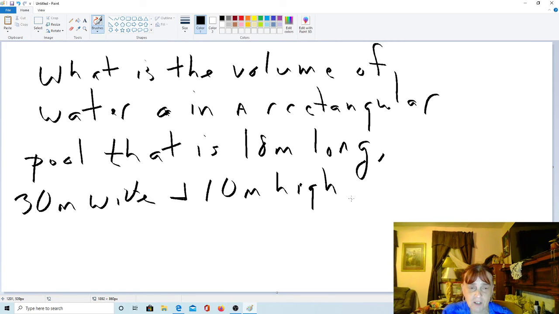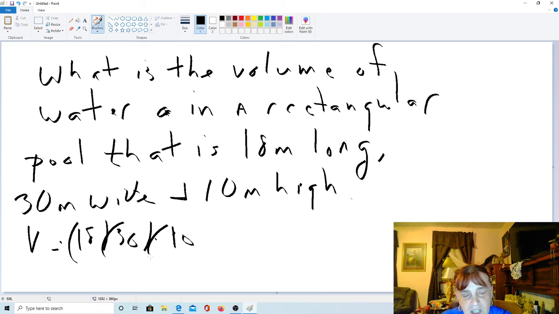So we can give our answer. The volume of the rectangle is the length times the width times the height. So the volume is 18 times 30 times 10. 18 times 30 times 10 is what? 5,400 cubic meters.